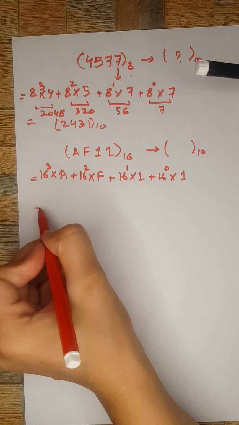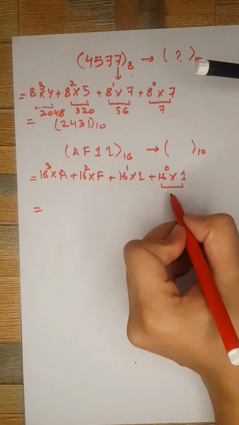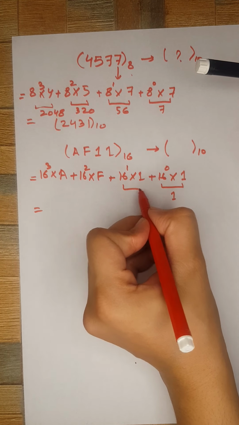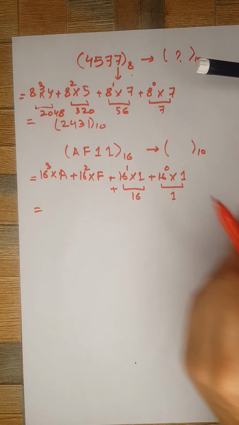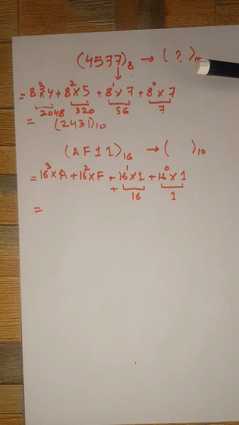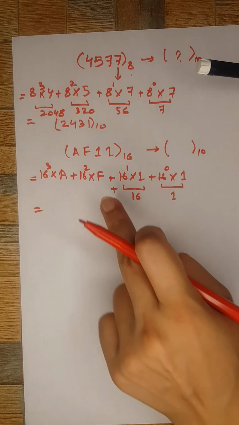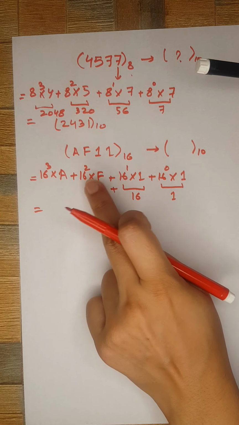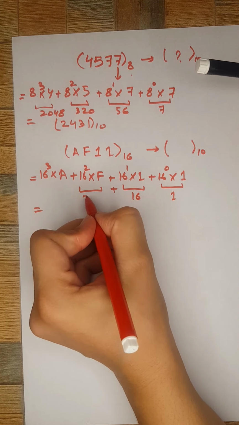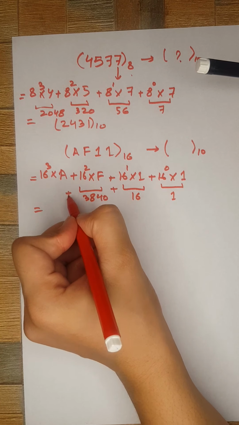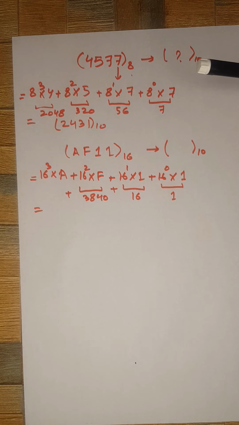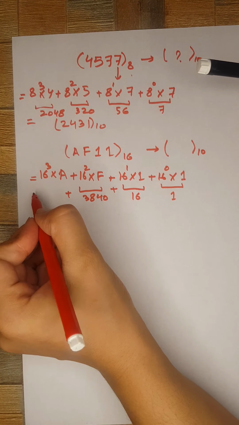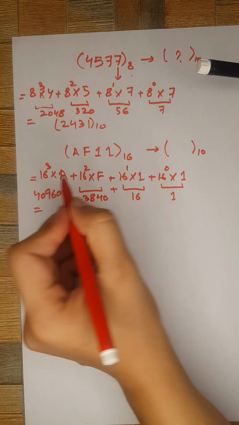Now let's simplify this expression. You will get 1 plus 16 plus, the decimal equivalent of F is 15. So when you multiply 16 squared by 15, you will get 3840, and then 16 cubed multiplied by A, which is 10, gives 40960.